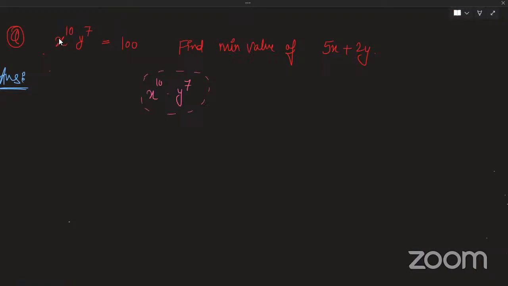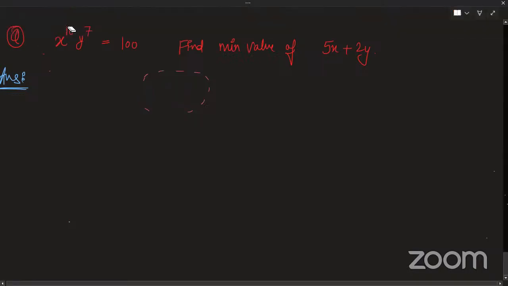I need x raised to 10 into y raised to 7 on my right side. What can I do so that I get this on the right side? Sir, 5x by 10, take it 10 times, then 2y by 7. Yes, correct, correct.